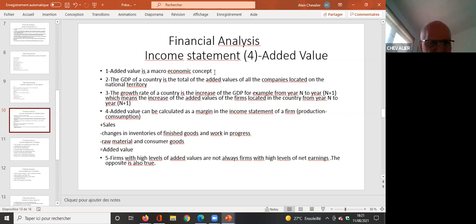What does it mean? It means that the civil servants are following the added values produced by the companies located in Vietnam, and they are making comparison of what they obtain and what was forecasted, you know, or what was produced in terms of GDP and added value the year before.